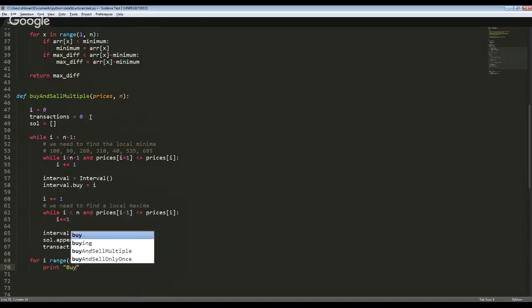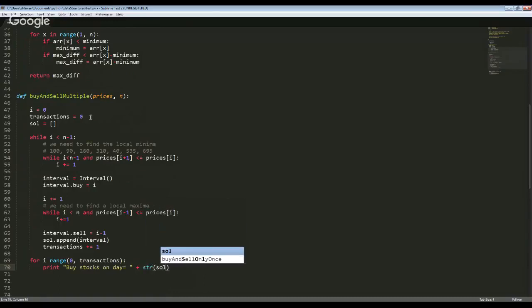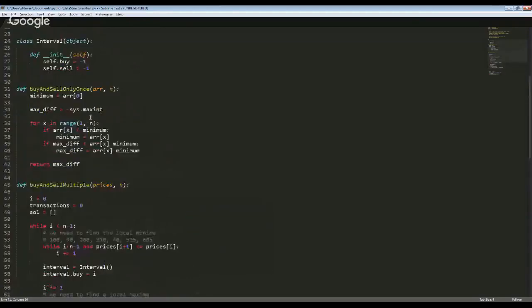So buy stock on day, and we'll have something like solution of buy day. This looks fine to me. Then we will sell stocks on day. Okay. Sounds correct. Seems correct. Yeah.